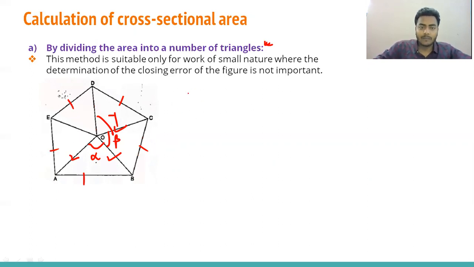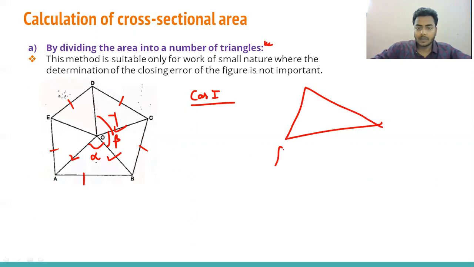So once we know that, for a triangle, case one, where we have two sides and the included angle. Suppose we have triangle ABC, and we denote the sides as a, b, c.